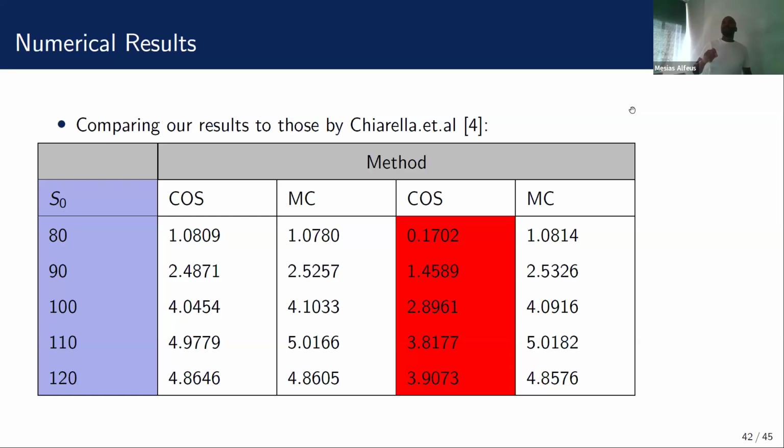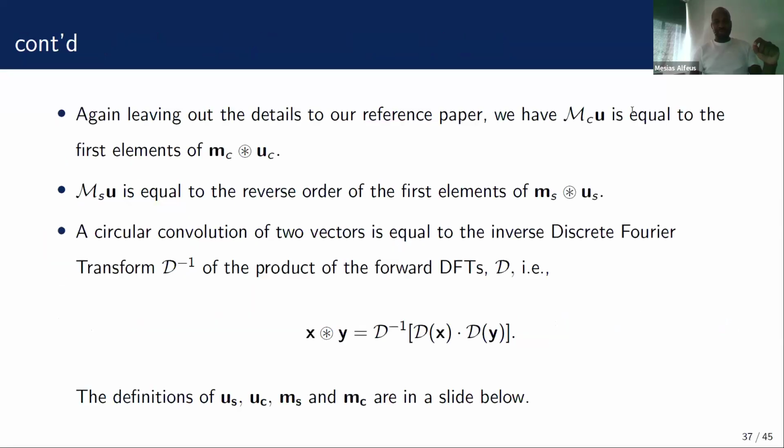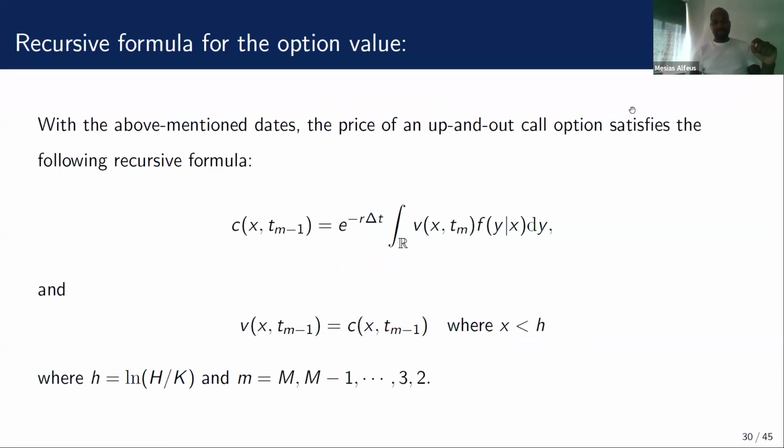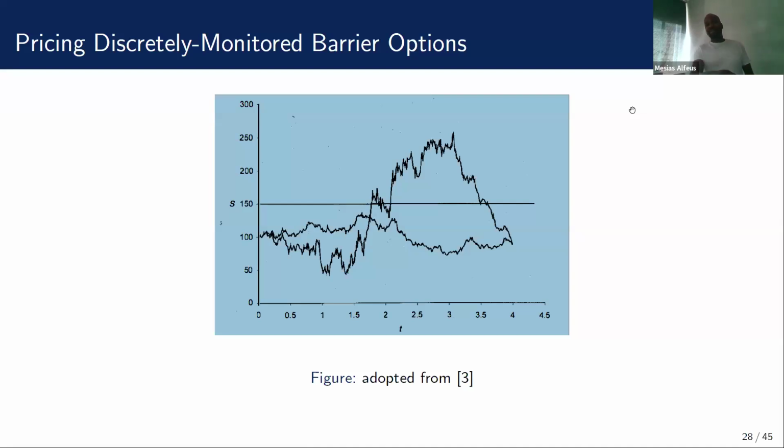We can see this intuitively. If the barrier and the initial price are very close to each other, then the chances of hitting the barrier are very high, which means whatever I'm trying to evaluate at maturity is going to be worthless. So I'm just increasing the probability of making the price worthless. So we do expect that.